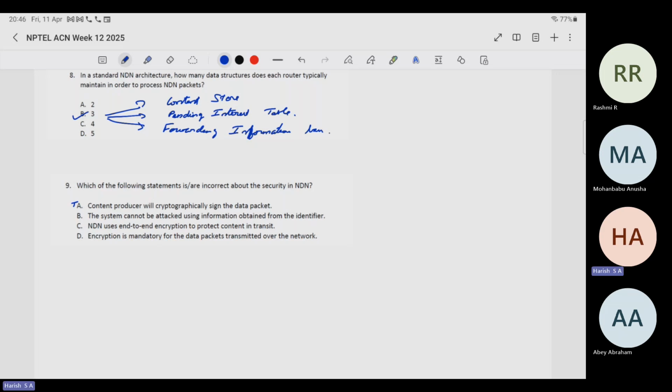System cannot be attacked using information obtained from the identifier. It actually can be attacked. Even though the design minimizes risks linked with identifier-based attacks, no particular system is completely immune to all forms of attack.